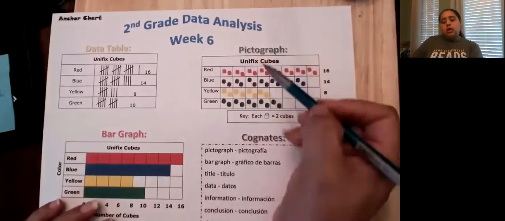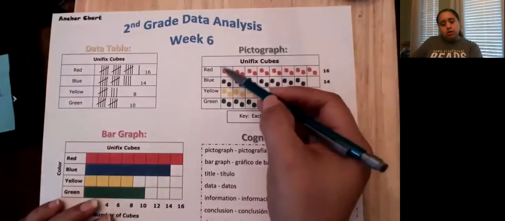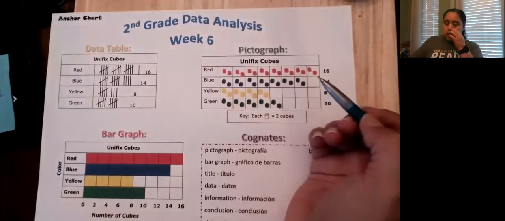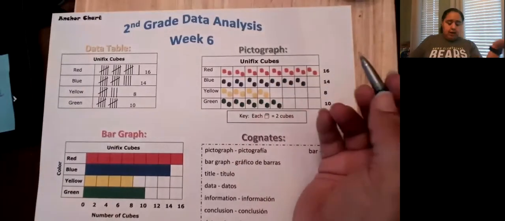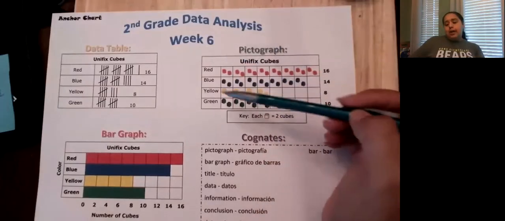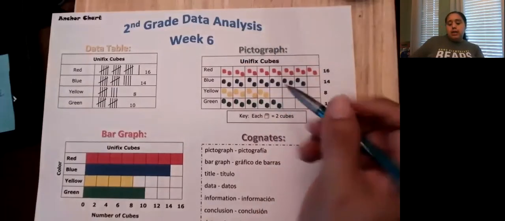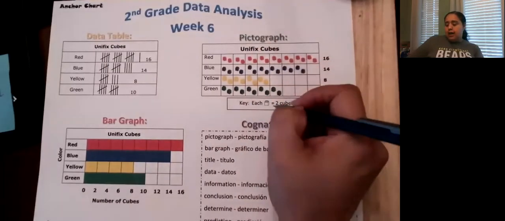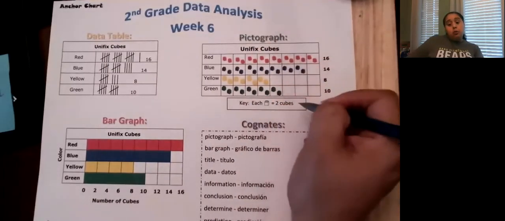Now here, we learned last week that this is called a pictograph, and it's called a pictograph because it gives you pictures that represent a number, right? This week, our pictographs are going to be very important because we have a key in a pictograph, and we did counting by 1.